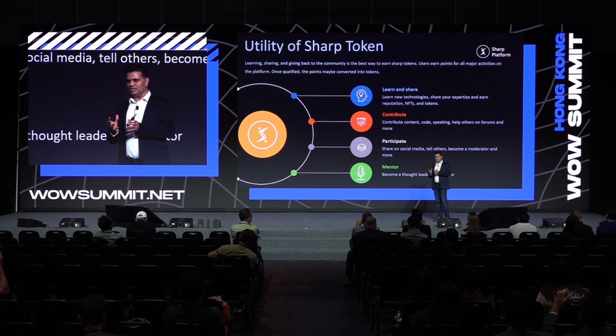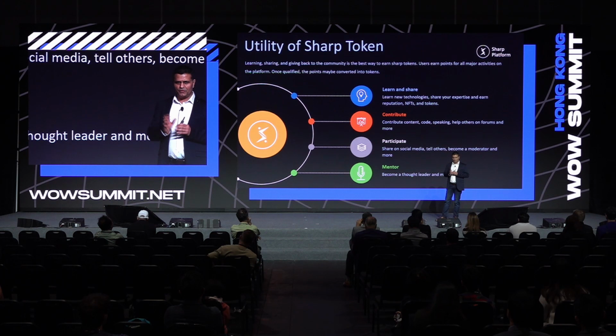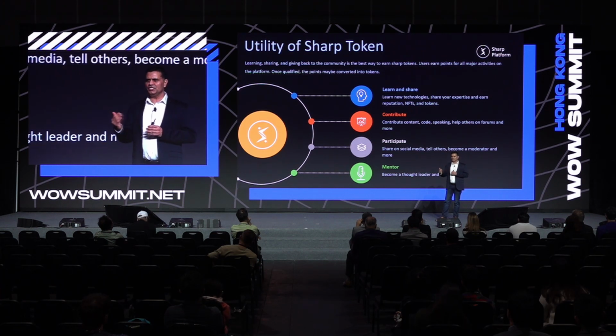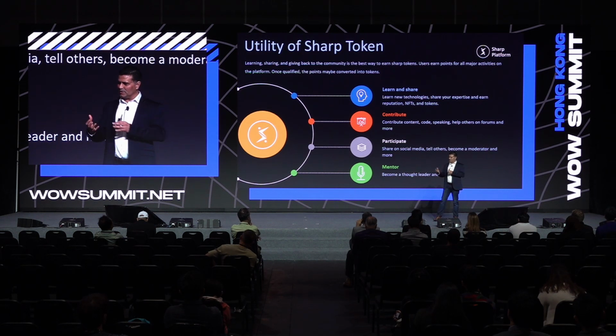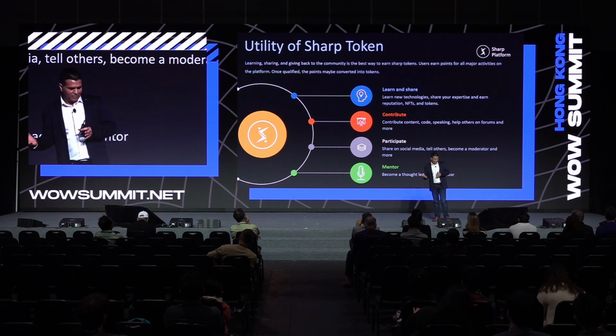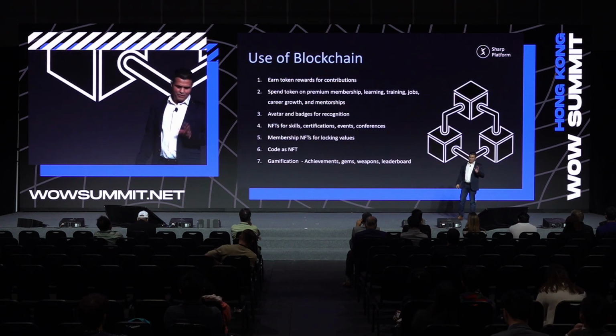Now, you can spend those tokens on your growth. Because when you look at the IT and software world, technology is changing so fast. If you don't learn fast enough, six months down the road, you may not have a job. These are a couple of use cases for blockchain.